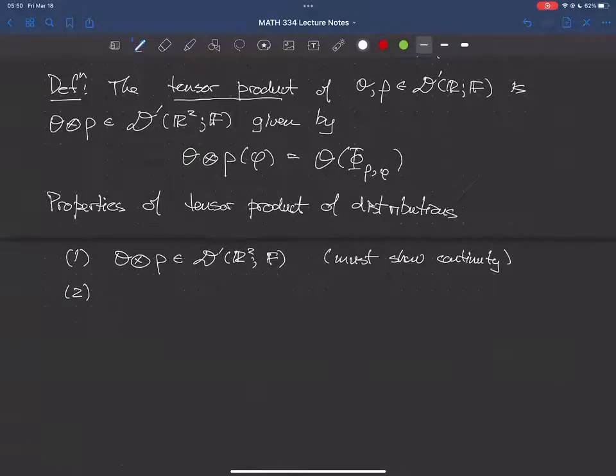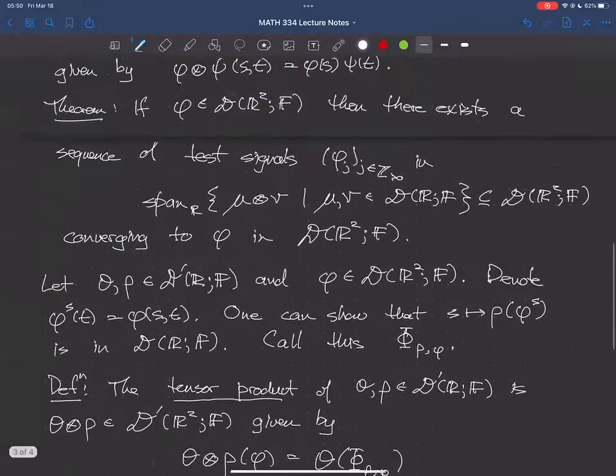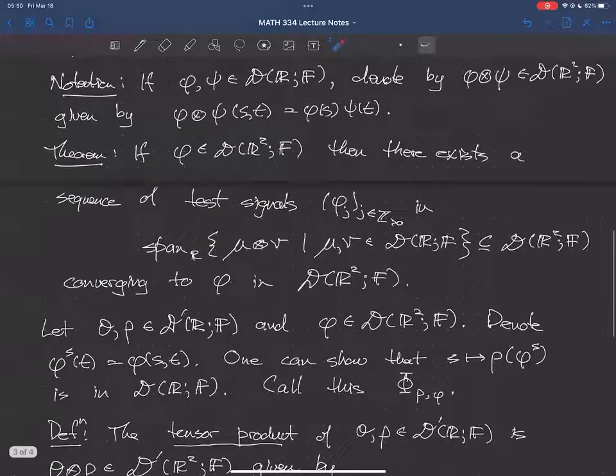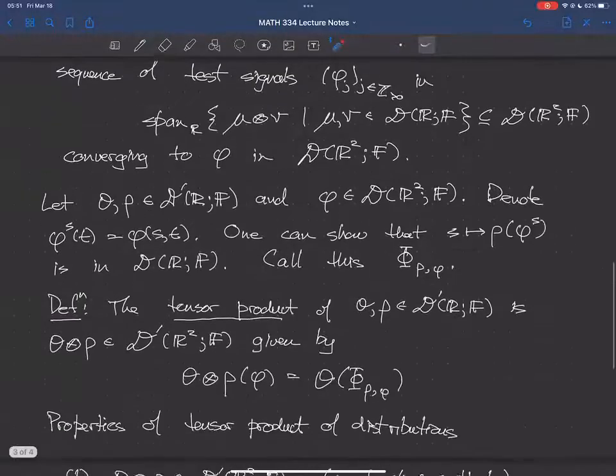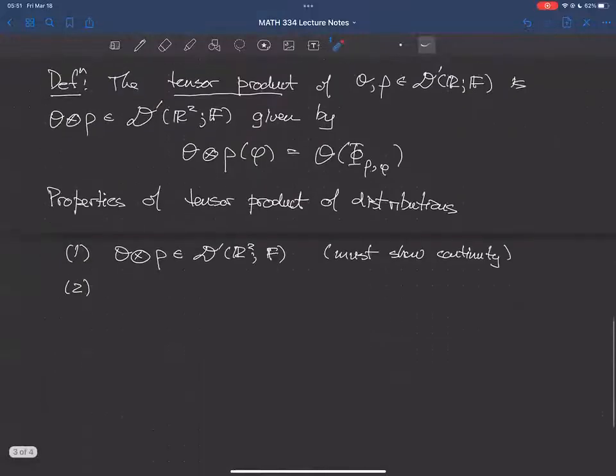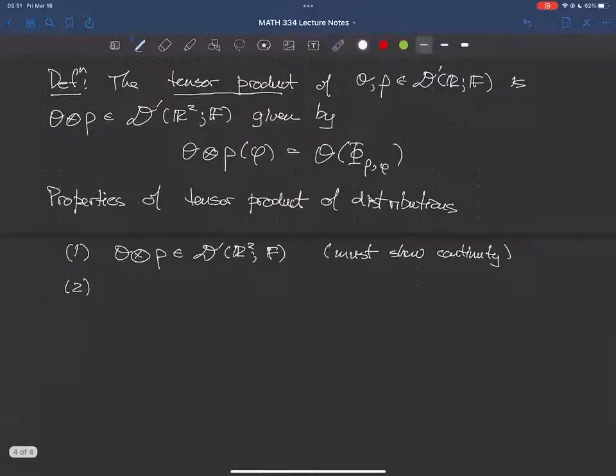Convolution, tensor product. How does this construction play into that? If you take test signals phi and psi and take their tensor product like this, you get something in two variables, and then you can ask what the tensor product applied to such a test signal is. That's what this property is.